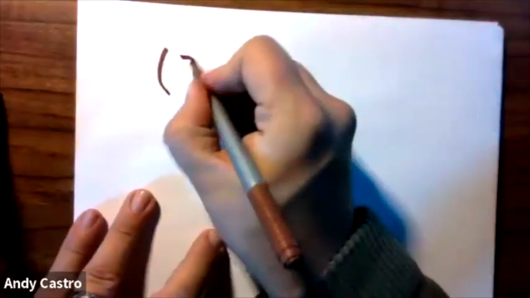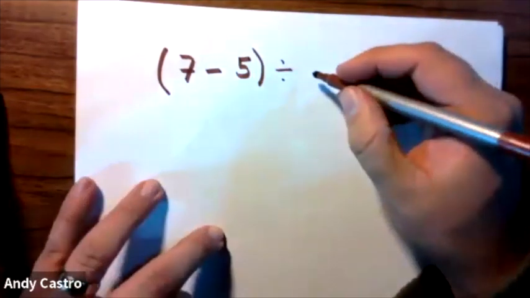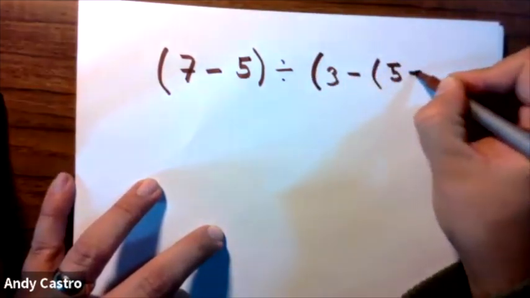All right, now I want to get some slightly more complicated ones that work out even. So I'm going to bring up something real quick. Okay. All right, let's do 7 minus 5 divided by 3 minus 5 minus 4.